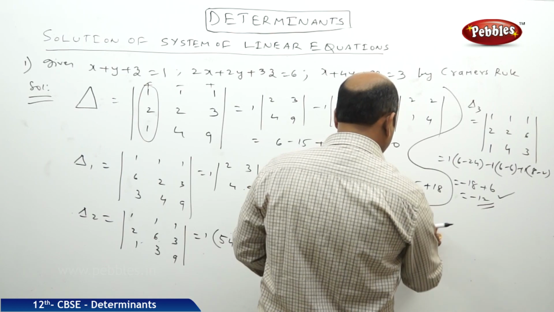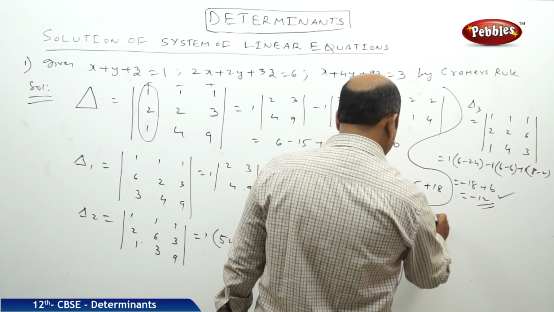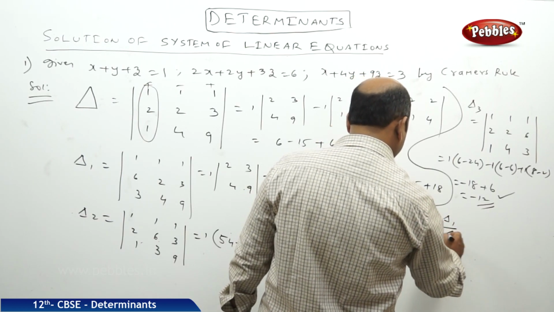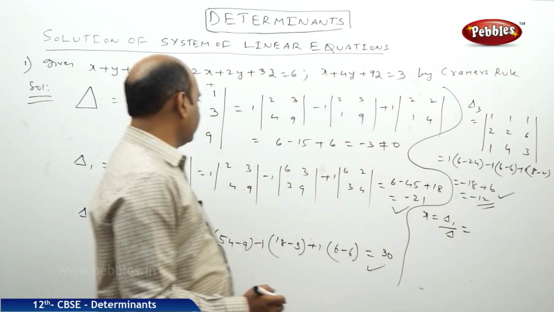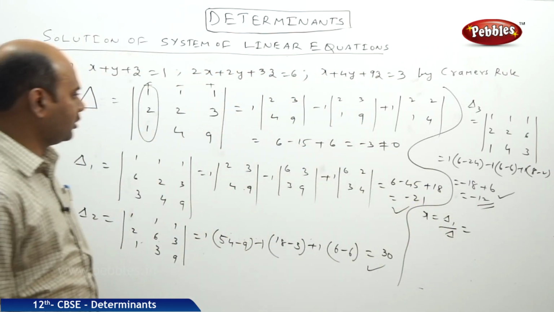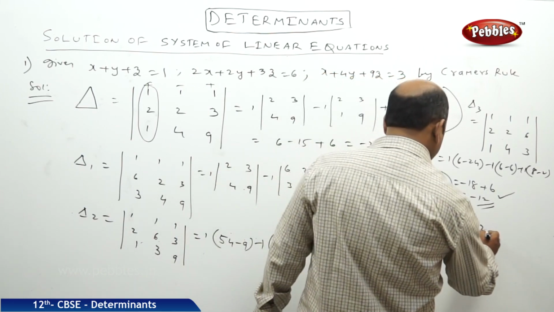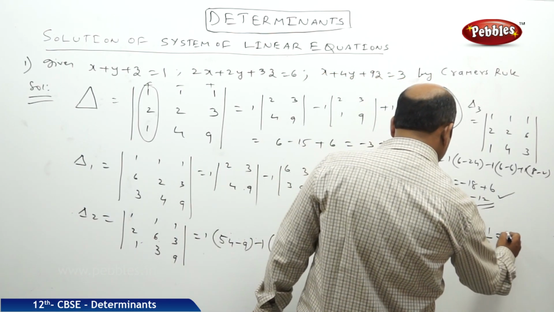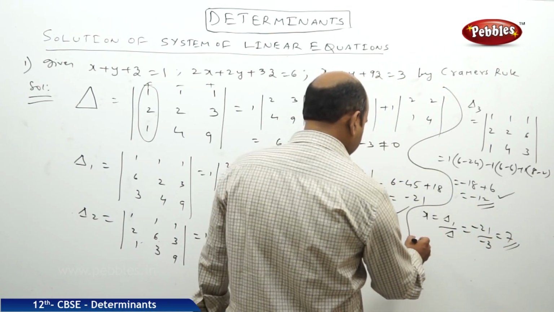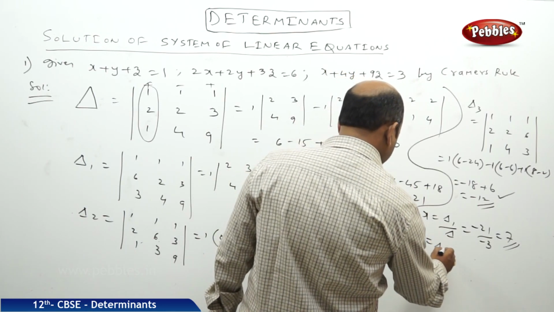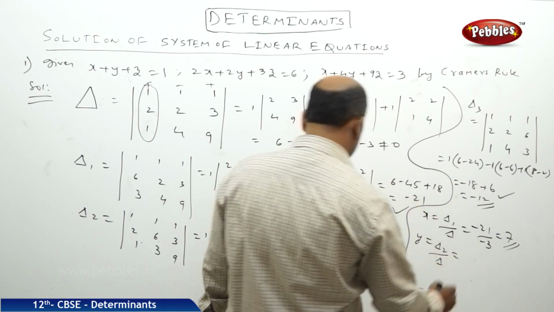Therefore, here we should be careful. x is equal to delta 1 by delta. Delta 1 is minus 21, minus 21 by minus 3 is 7. And y is equal to delta 2 by delta.